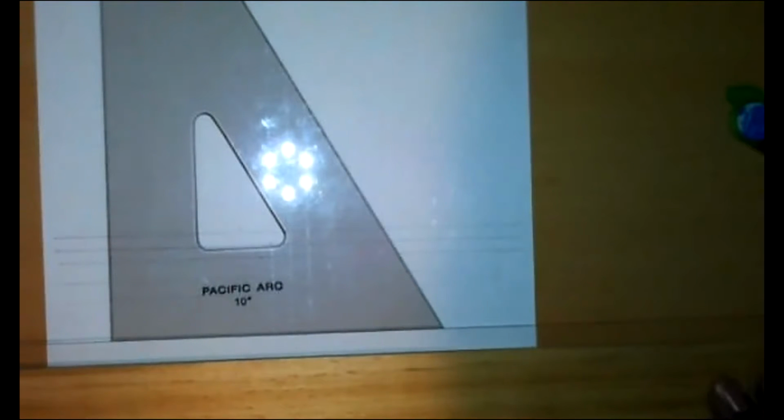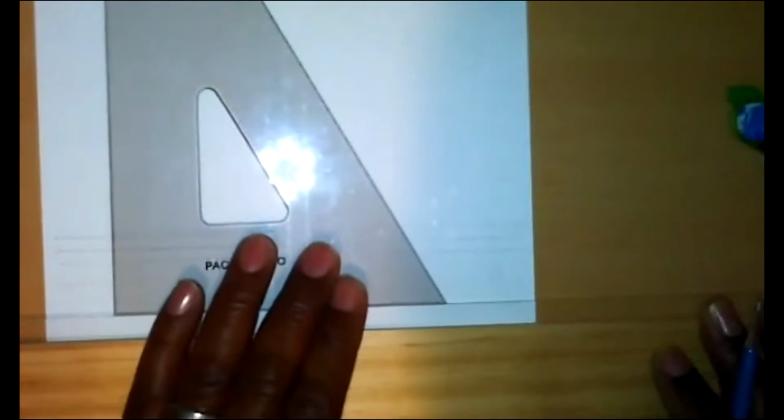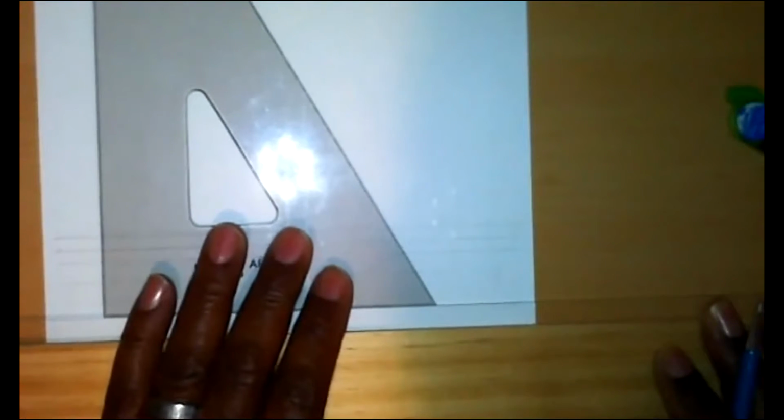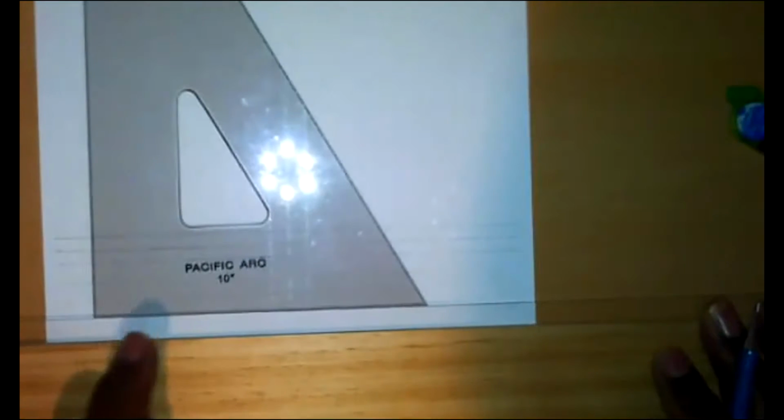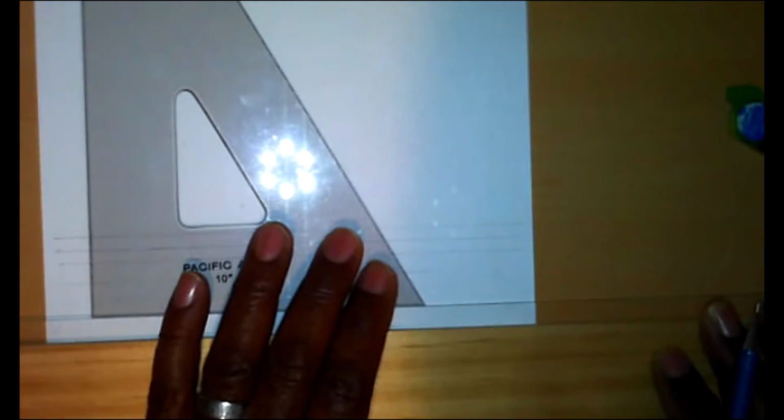Okay? So again, I got my T-square here. I'm holding it against my drafting surface, right? So everything's perpendicular, okay? And then I'm making sure that's tight, okay? And then I hold my triangle against my T-square like this, okay?